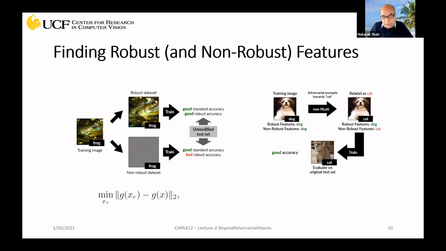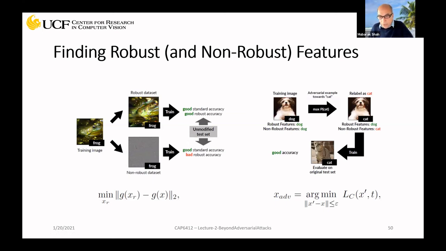The other thing we are going to do is take a training image. Robust features will say dog, non-robust features will say dog. Then we will create an adversarial example and change its category to cat. We'll relabel it as cat. And so robust features, of course, will still say dog, but non-robust features will say cat. And we'll use that to train the network.